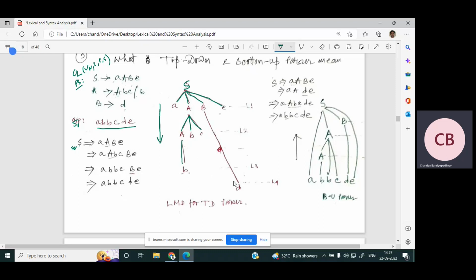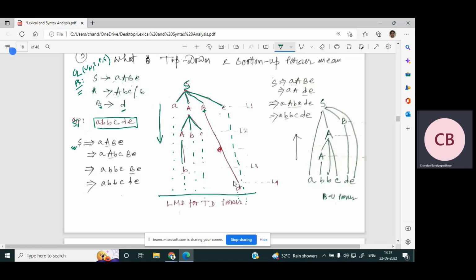And this capital B here can be expanded to D. If I project all the nodes perpendicularly here, I will get the value a, b, b, c, d and e. That is the expression, right? Now to get this string from this production rule, I have followed a top-down strategy.